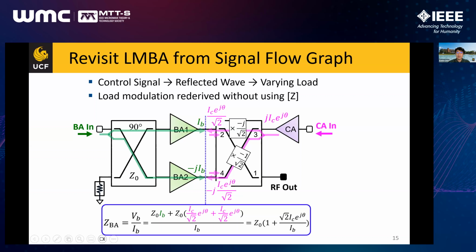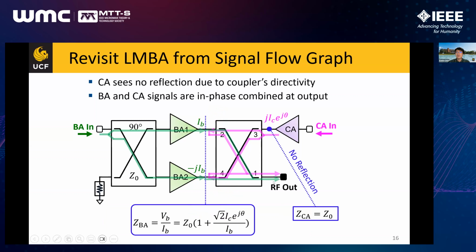This is the total voltage expression over the current it's generating. And here it leads to the famous, classical LMBA design equation that we derived previously by using the Z matrix. From the control amplifier's perspective, due to the directionality of this quadrature coupler, it sees no reflection, so its impedance is always constantly equal to Z0.